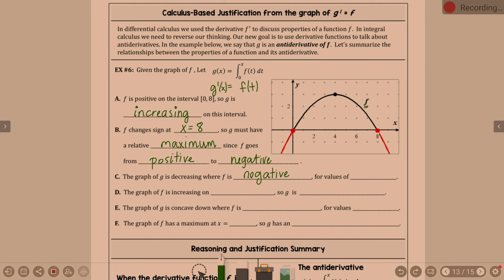I wrote negative. I was expecting to hear the word negative. That's why I was like, wait, what'd she say? Okay, so a graph is decreasing where the original is negative, for values of, when is this happening? When x is past 8, for when x is greater than 8.